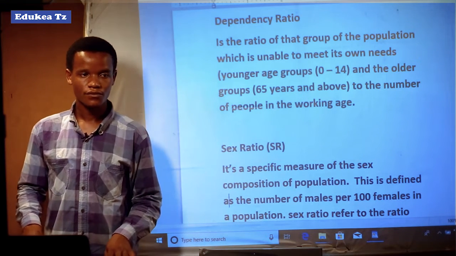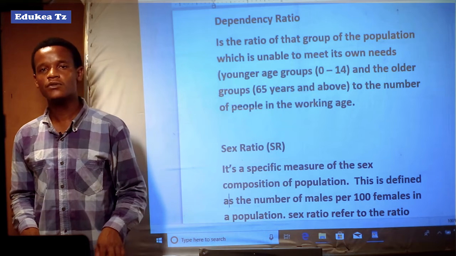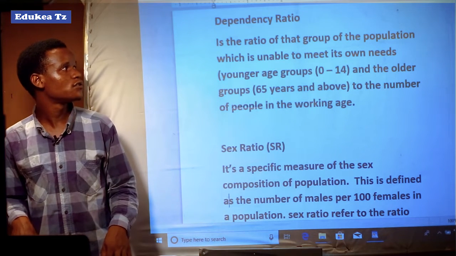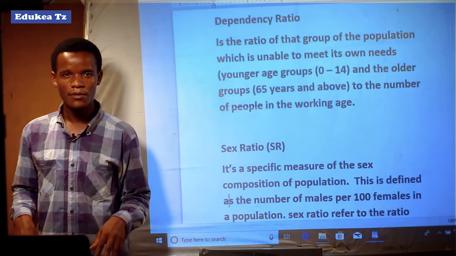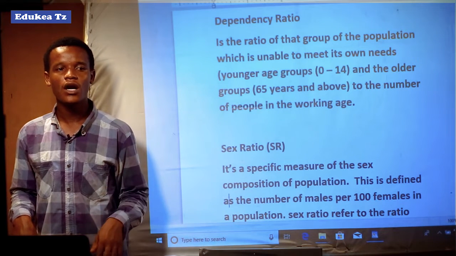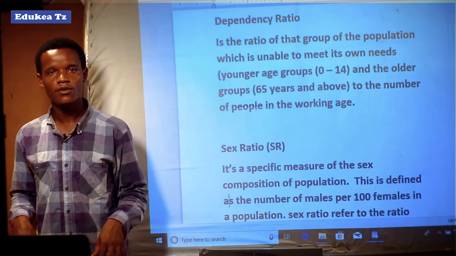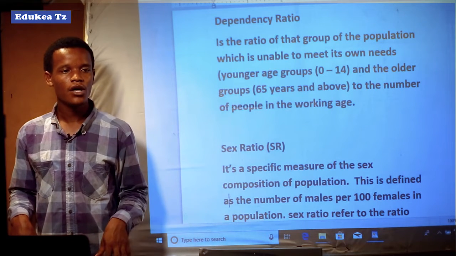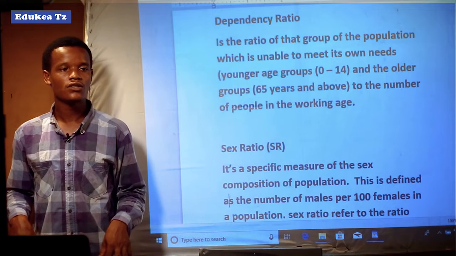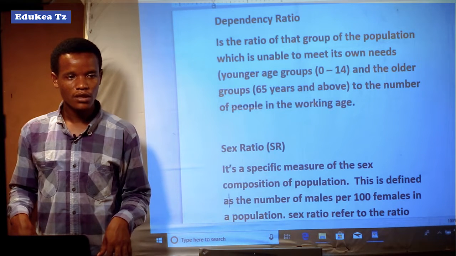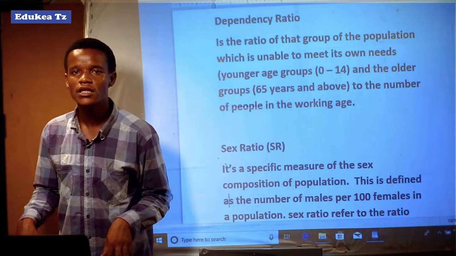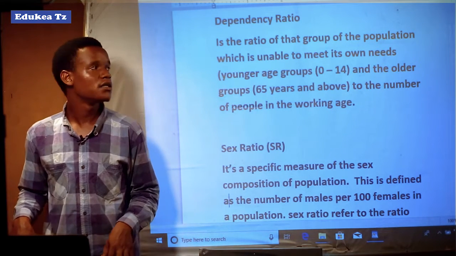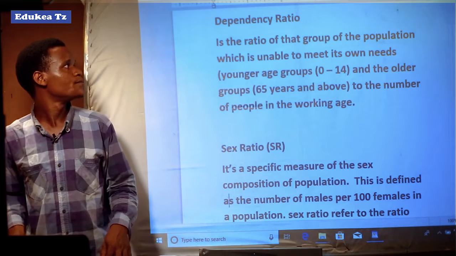These are people who do not have the ability to meet their own needs, for example clothes and homes. Due to that, they tend to depend on other people, and hence the ratio increases.